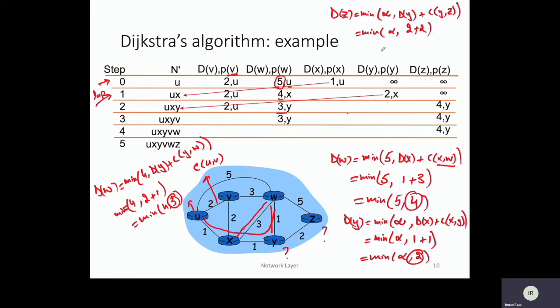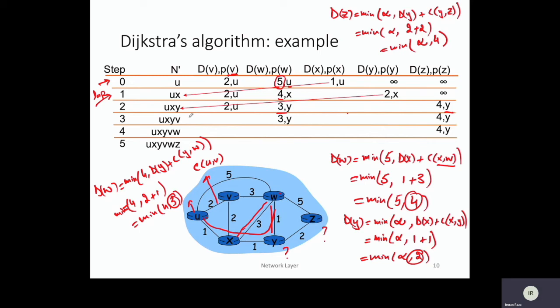So either we will select infinity or we will select 4. Obviously we have selected 4 here, and the predecessor node is Y now.